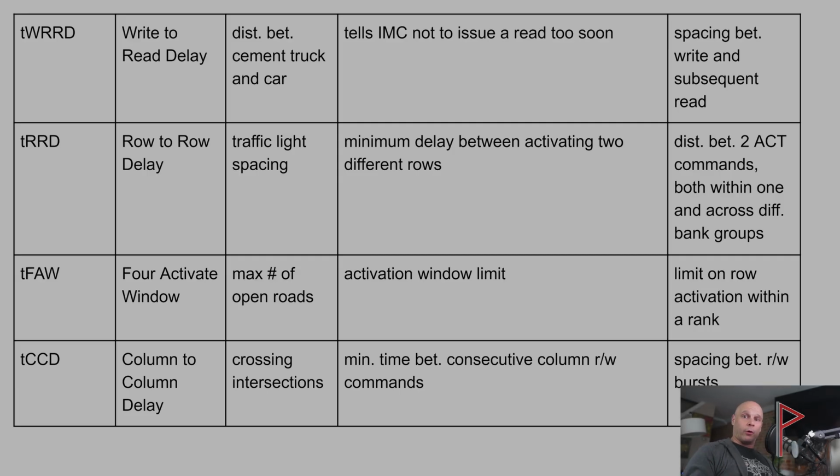That's it. Four rows. That's it. Column to column delay. This is these crossing these intersections. Like if the delay is short there, then our little car is seeing nothing but green lights and can access any column within that row. It's the spacing between the read-write bursts.